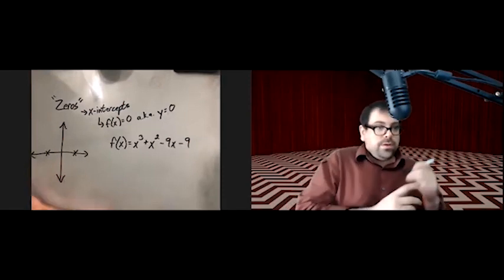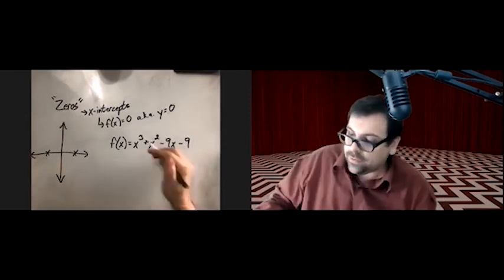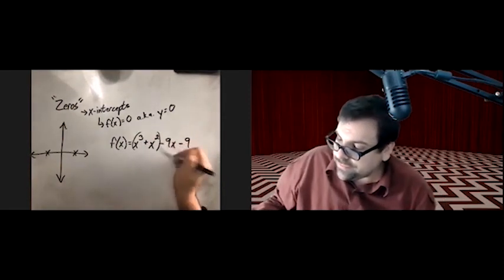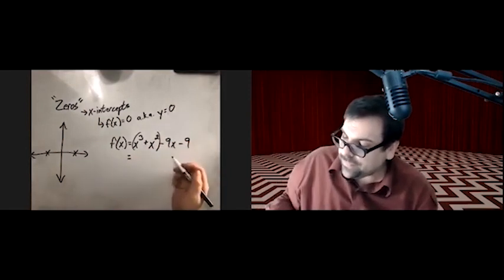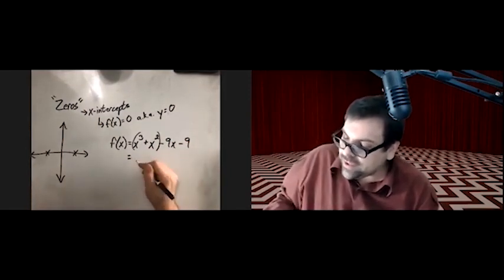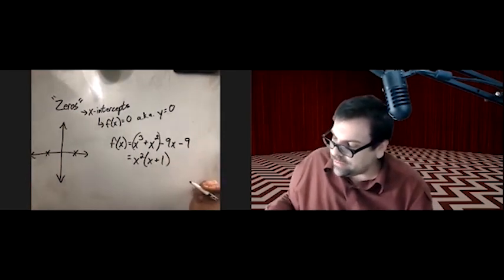So we have to do factoring by grouping. Group the first two terms. From the first two terms, we can take out an x squared. We're left with x plus 1.